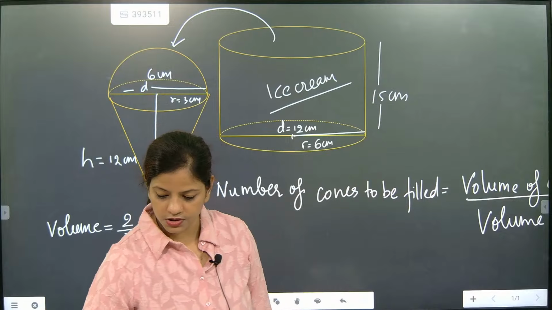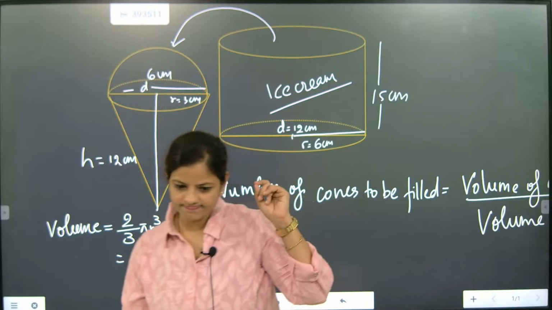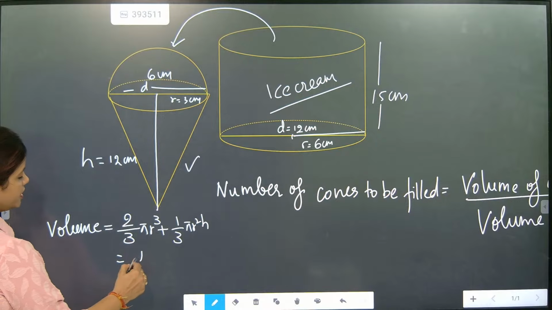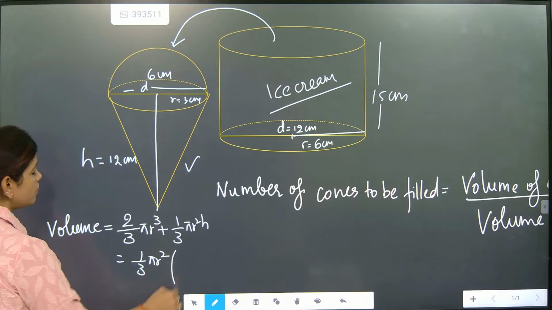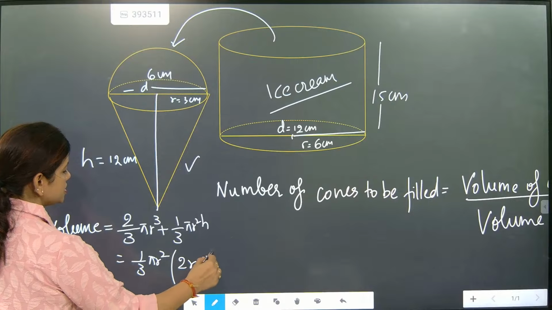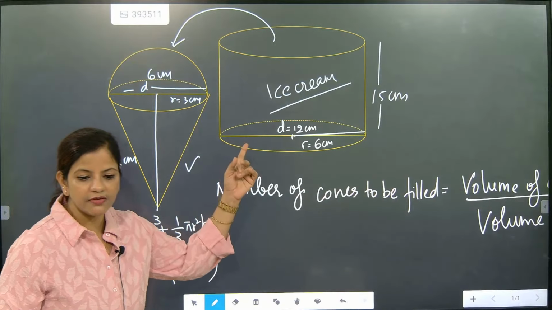Calculation part needs to be checked nicely. So take 1 by 3 pi r square common, then what will be left? 2r plus h. And you know that volume of cylinder will be different.